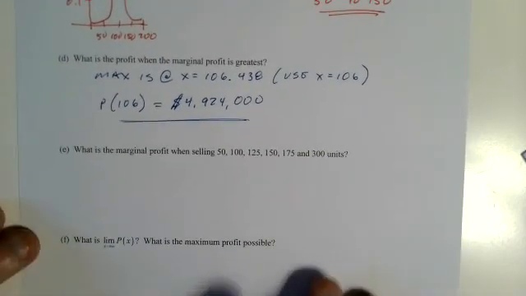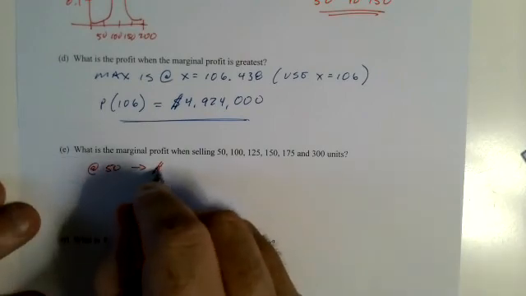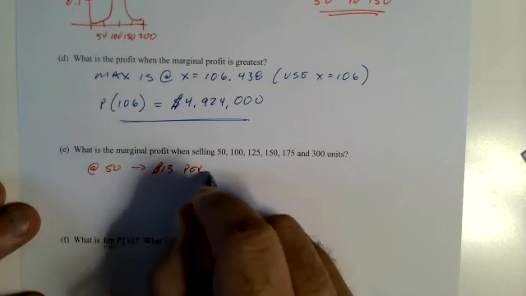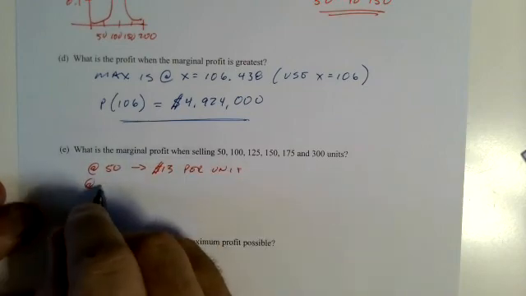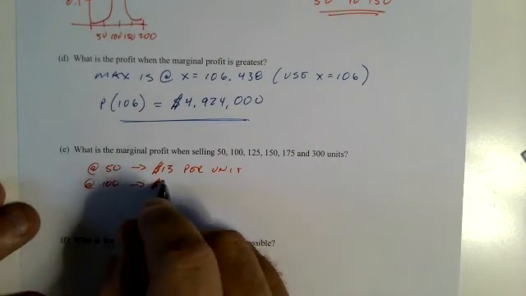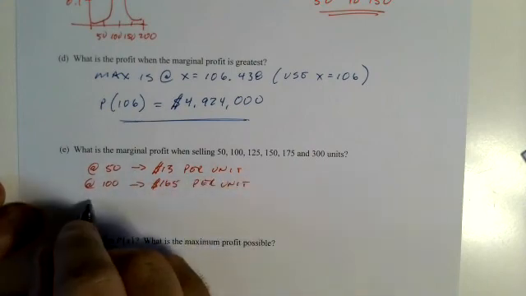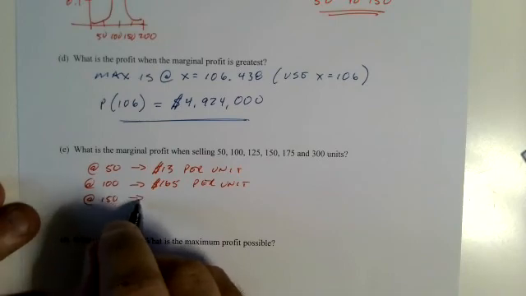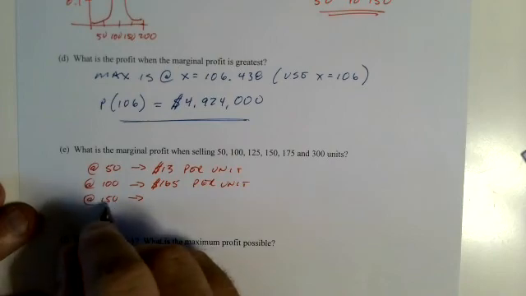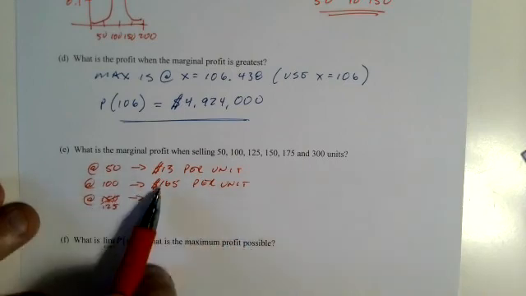So what is the marginal profit? At 50, you're making $13 per unit. At 100, you're making $165 per unit. At 125, you're making $118 per unit, and you can see we've passed the maximum point.